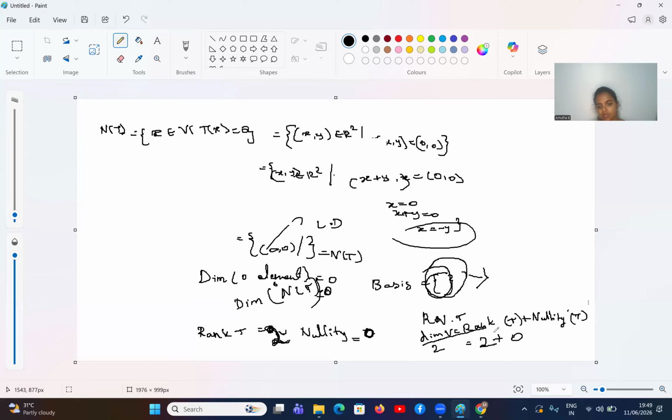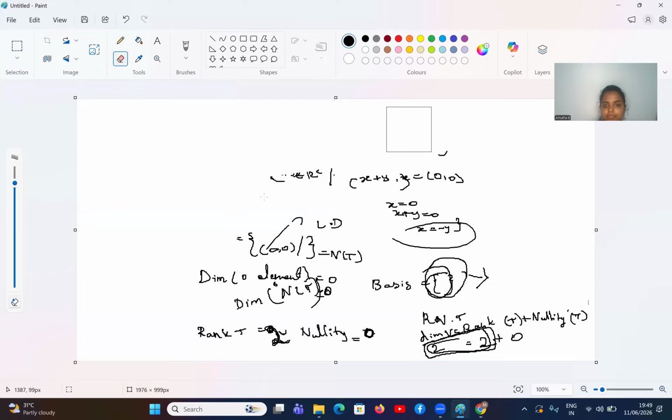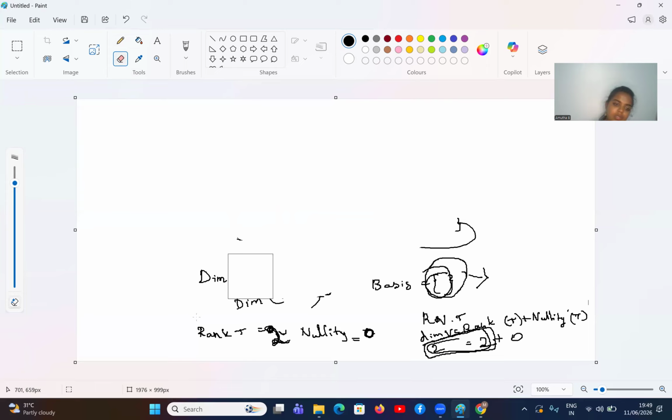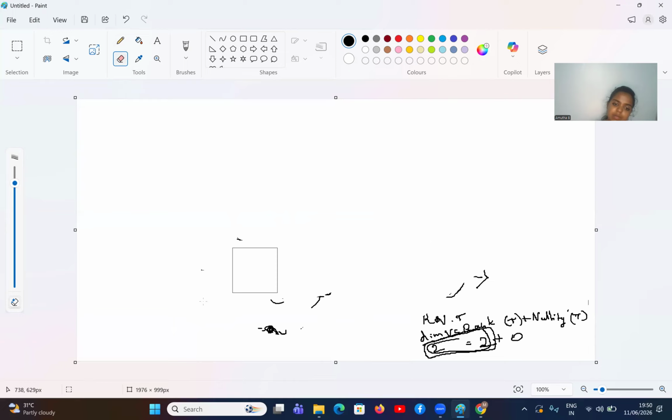So 2 equal to 2, and we have verified the theorem. This is the concept of the rank nullity theorem.